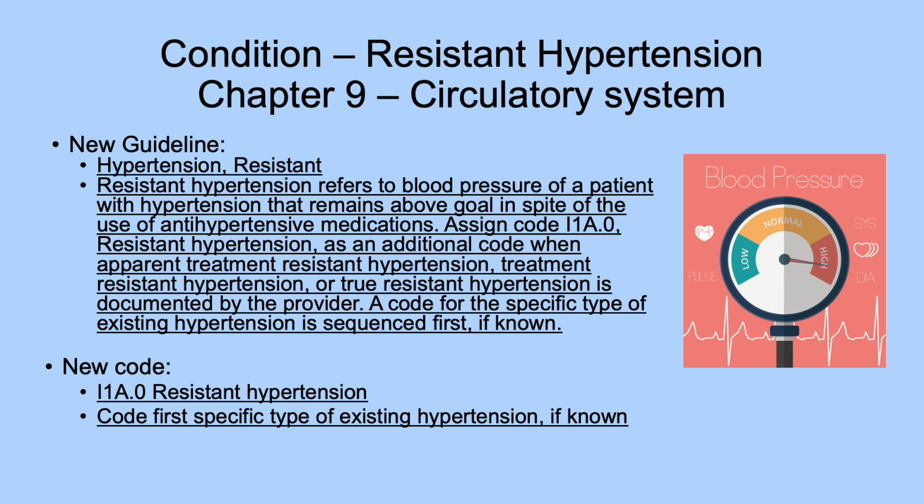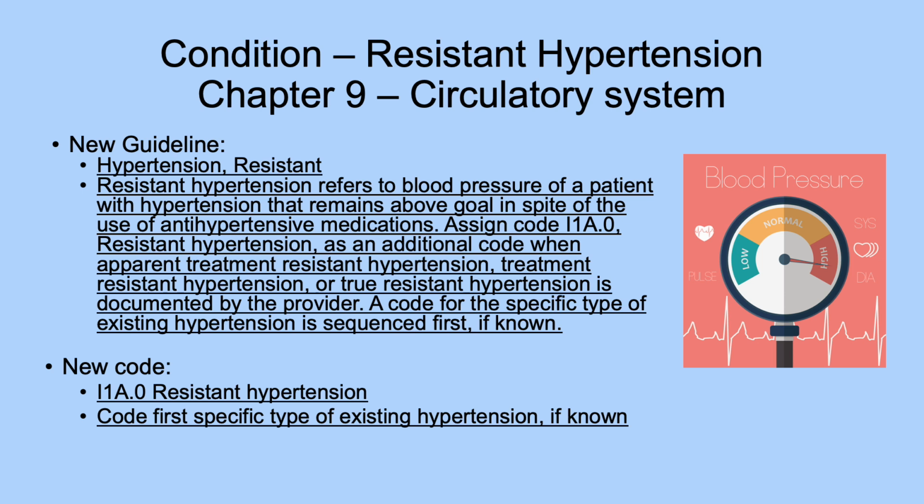Okay, let's move on to Chapter 9, Circulatory System. Changes were made both to the guidelines and the tabular list to include resistant hypertension. The guideline reads, resistant hypertension refers to blood pressure of a patient with hypertension that remains above goal in spite of the use of antihypertensive medications. So the patient is getting medication, but it's not having the effect that they want.